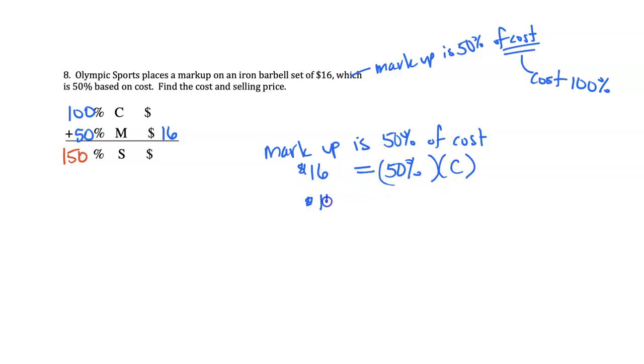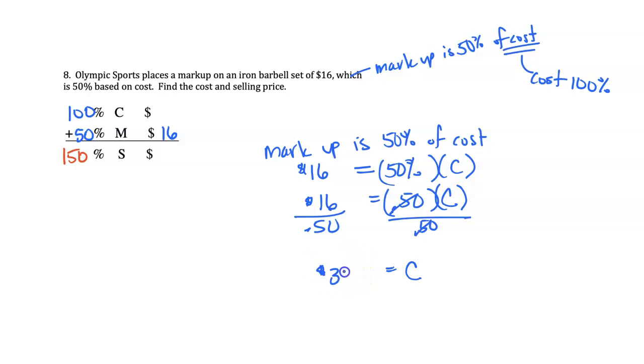And in the next row, I tend to change that 50% into a decimal, 0.50 times cost. To get our cost alone, I need to divide by 0.50. And in that last row, I get that the cost is $32. I can put that in our chart.